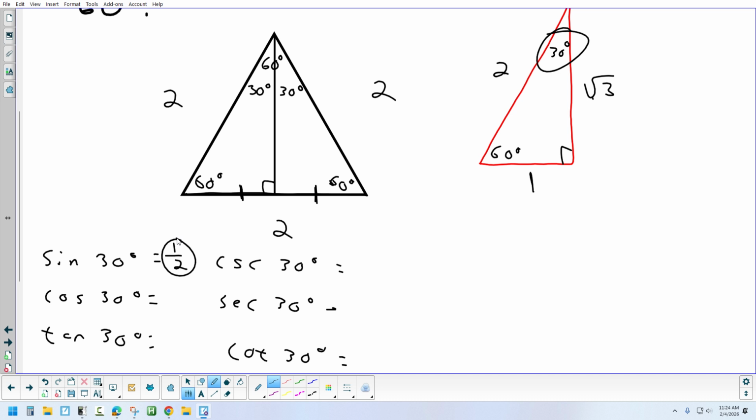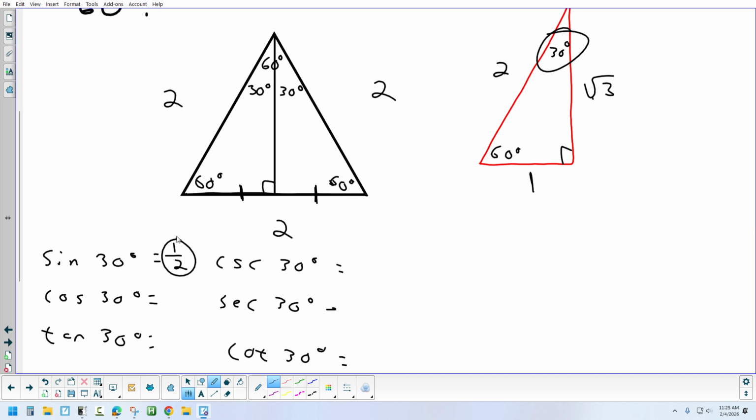Okay. How about, Luke, what's the cosine of 30? What's the formula for cosine? Opposite. That's sine.